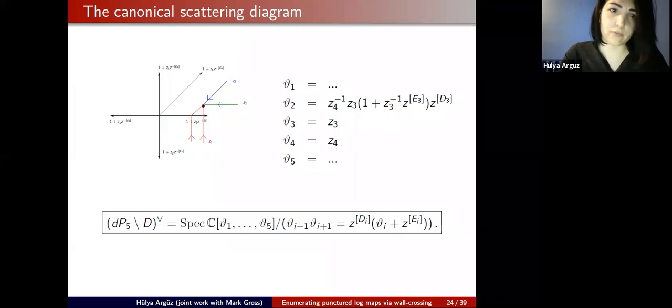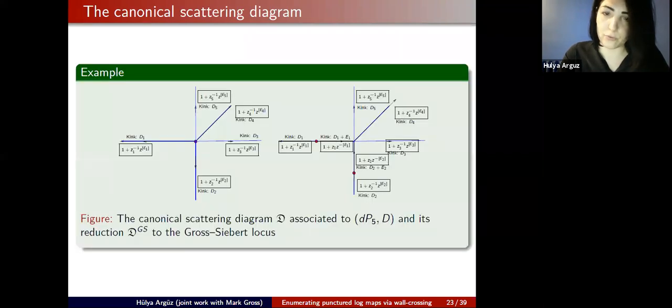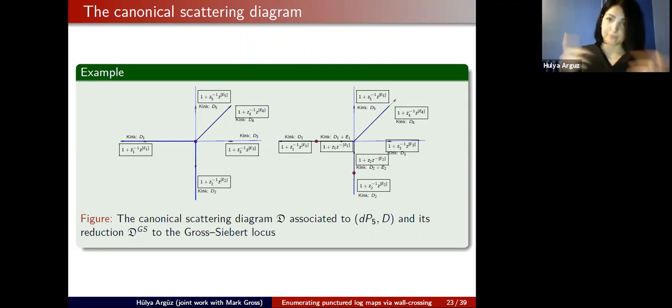So in particular, if I just draw the part around the origin here again together with the kinks, to understand the mirror, you just look at the wall crossing automorphisms around the origin. And the idea is you can formulate it purely combinatorially by looking at counts of broken lines, which are tropical analogs of Maslov index 2 disks.